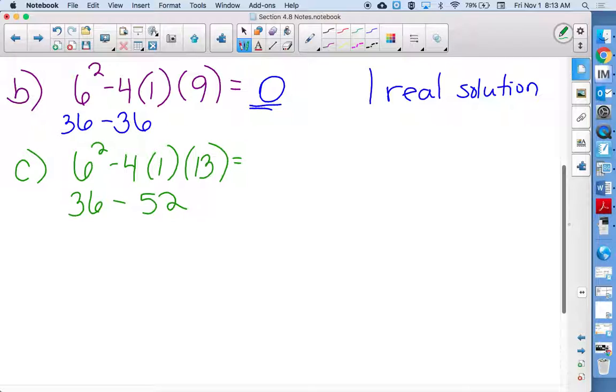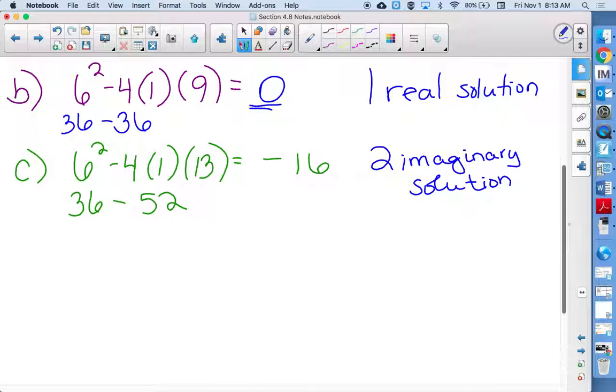Negative 16. Jack, how many answers are you going to have? 2 imaginary. Right. So because this is negative, I have two imaginary solutions.